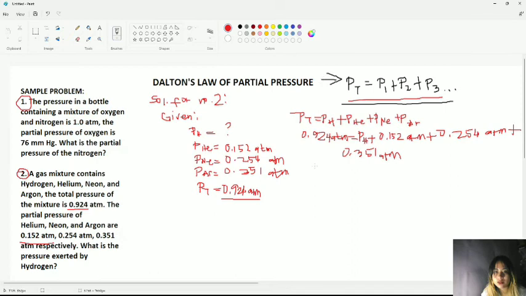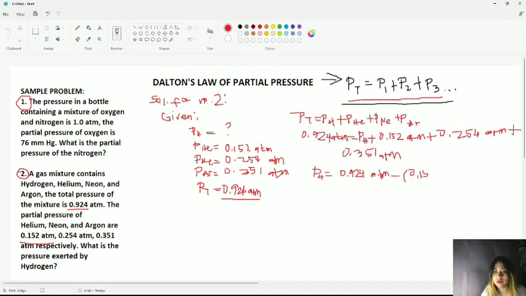First, separate muna natin yung partial pressure ni hydrogen, then equal 0.924. I-move natin dito. Minus natin dito yung partial pressure ng helium, neon, and argon para makuha yung partial pressure ni hydrogen.